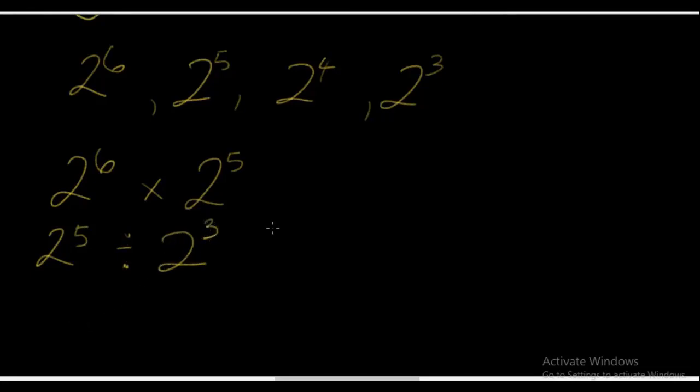For you to be able to perform these kinds of operations, we have to follow certain rules or guidelines, or what is referred to as laws. These laws are referred to as the laws of indices. So let's go and study the laws of indices.